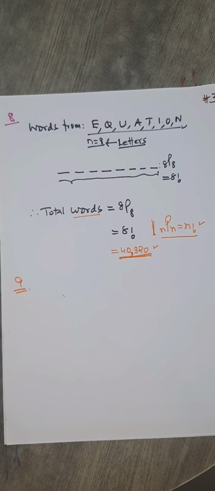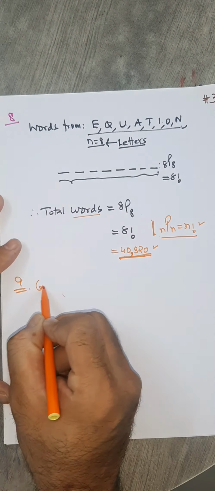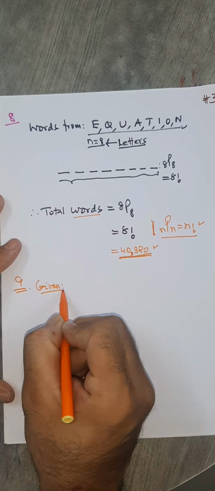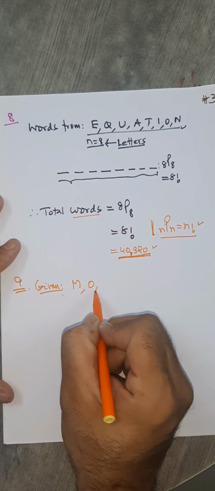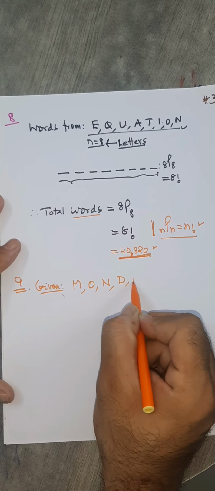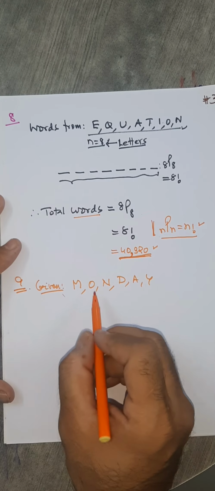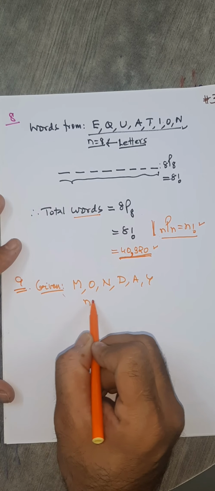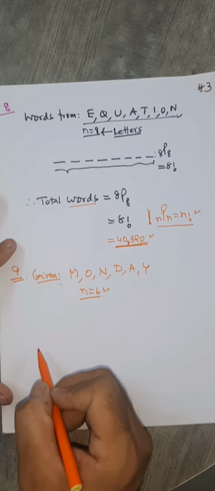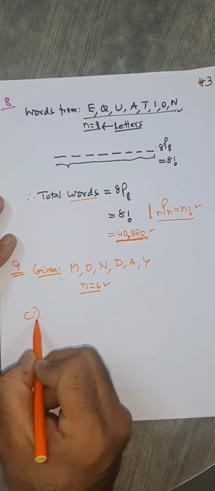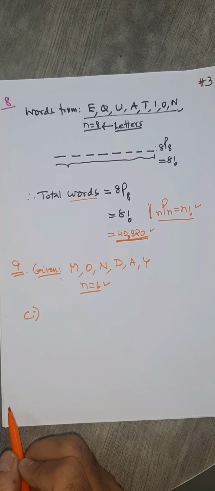No letter being repeated, remember here, that's given. Okay, so here the given word is Monday. M-O-N-D-A-Y. How many letters? 6. So your number of objects equals 6. Total number of objects equals 6.